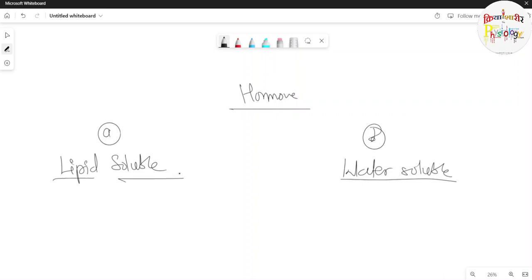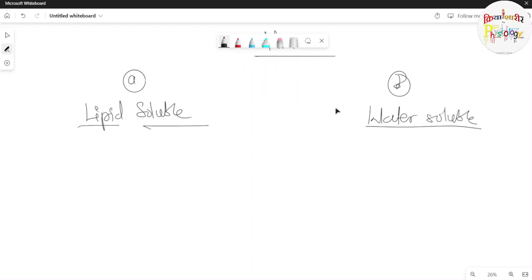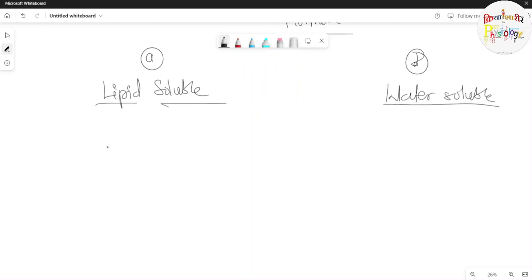Okay, so we are going to see the examples of lipid soluble hormones first. These are the steroidal hormones, meaning the hormones which are synthesized from cholesterol. Second one is thyroid hormone, T3, T4. These are also lipid soluble. After that, nitric oxide. This is one of the hormones which is lipid soluble.